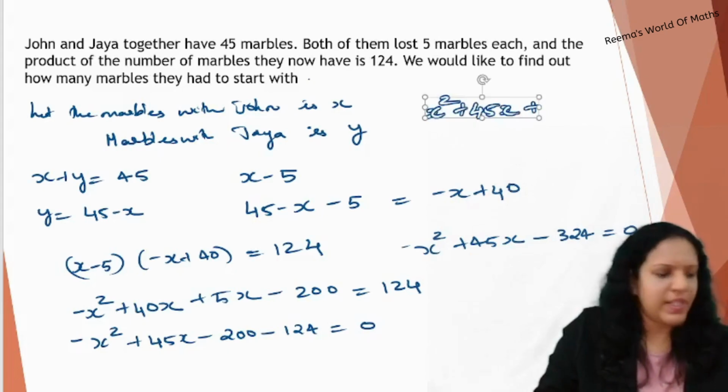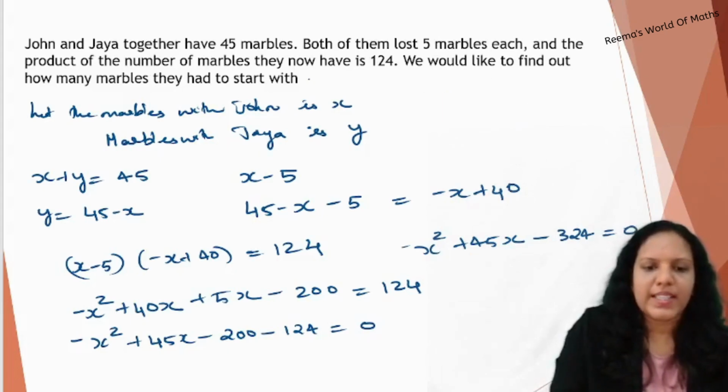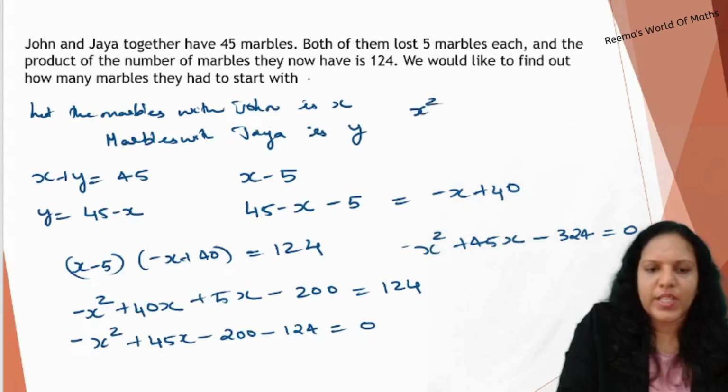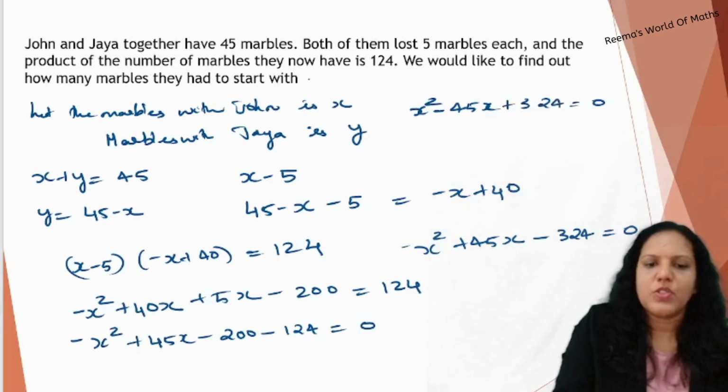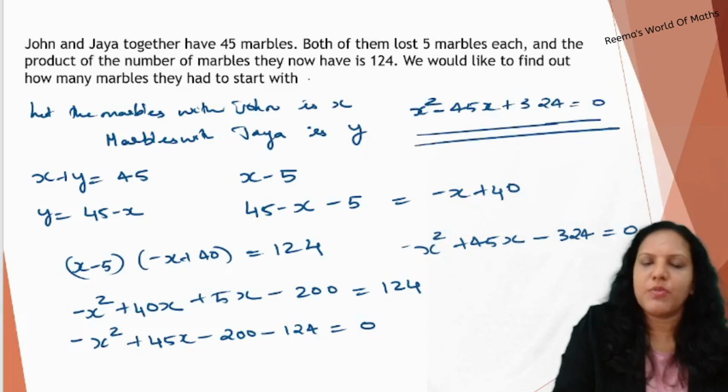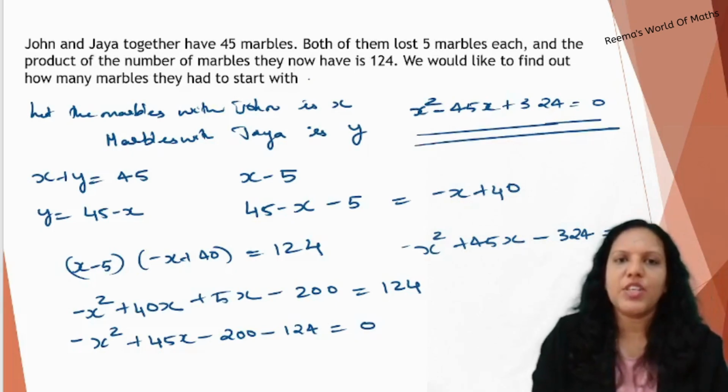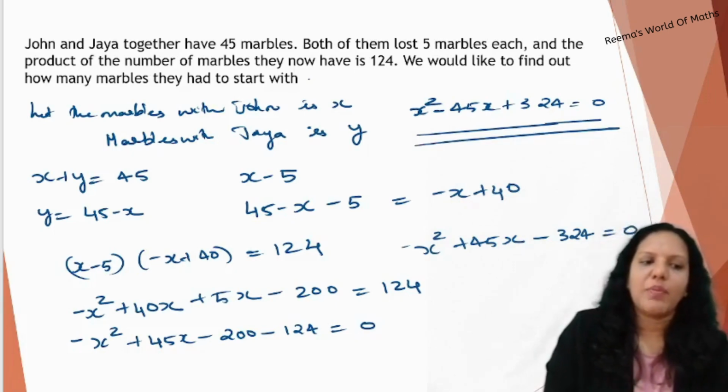Changing the sign, we can write it as x squared minus 45x plus 324 equals 0. That is the standard form of the quadratic equation.